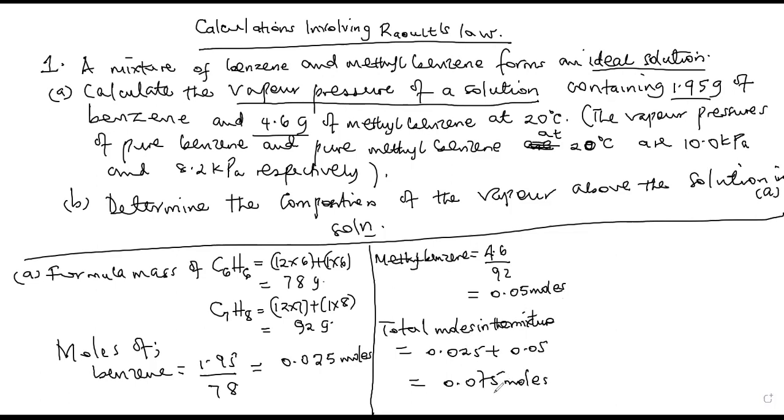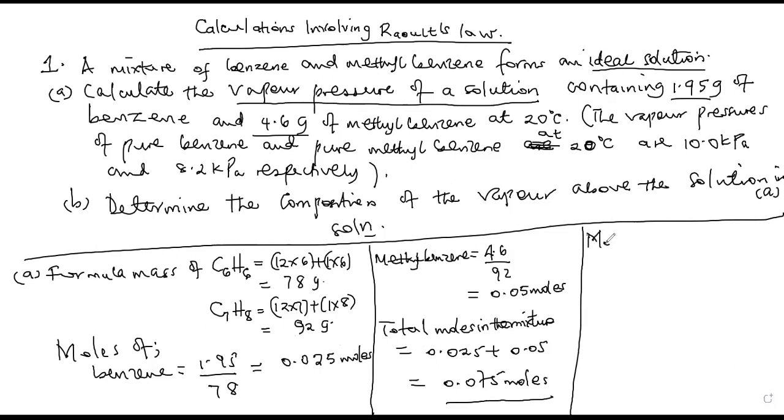So the mixture has got 0.075 moles. After getting the total number of moles, we can get the mole fraction of each. For mole fraction, you get the number of moles of that component and divide by the total moles.